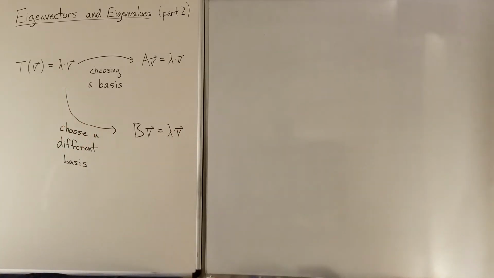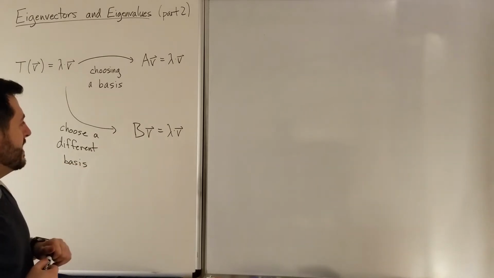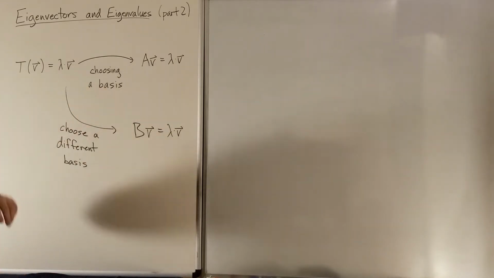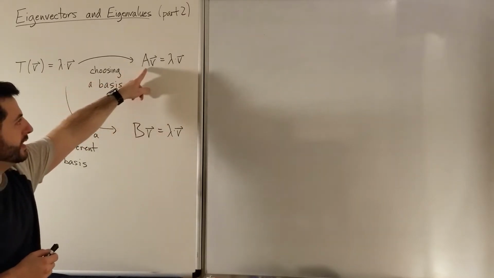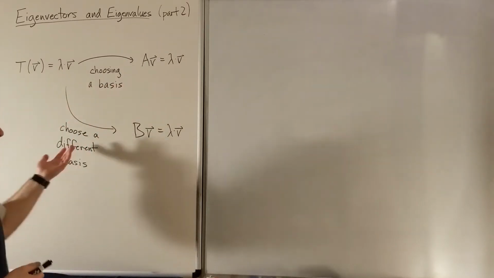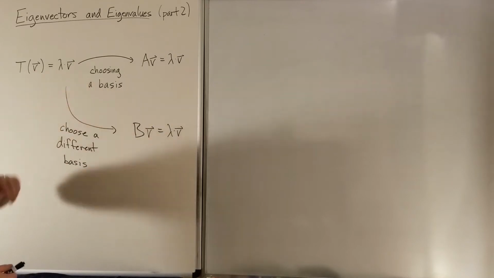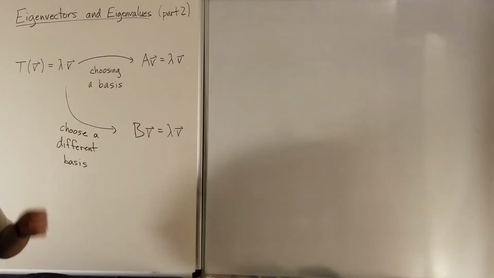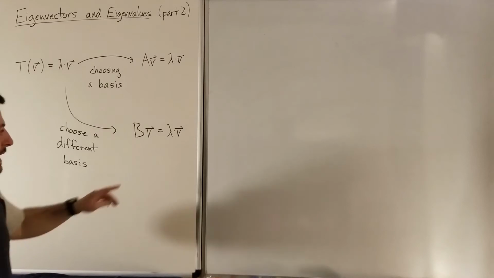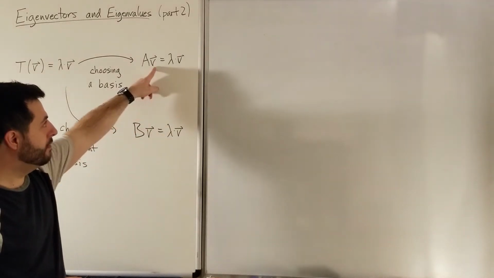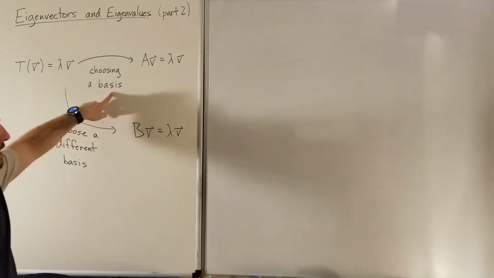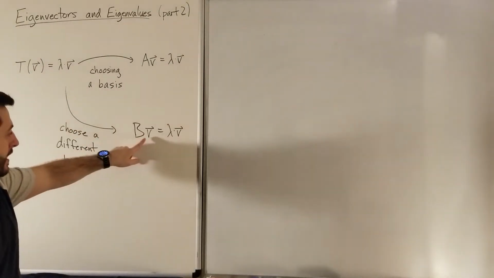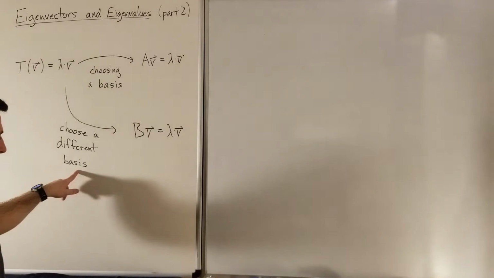So this lambda that we're getting out of this, it doesn't care what basis you choose. This lambda will be the same if you choose this basis or if you choose this basis or if you don't choose a basis at all. This is an inherent property of the transformation itself. The vector that you're going to get out is going to look completely different up here as it does down here because this vector is written with respect to this basis and this vector is written with respect to this basis.